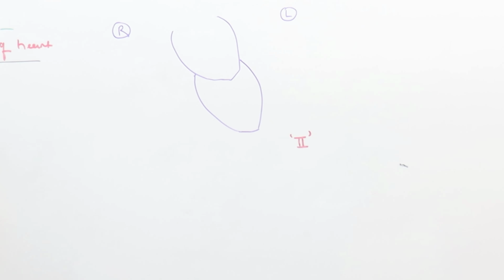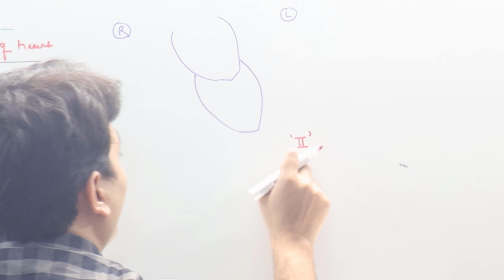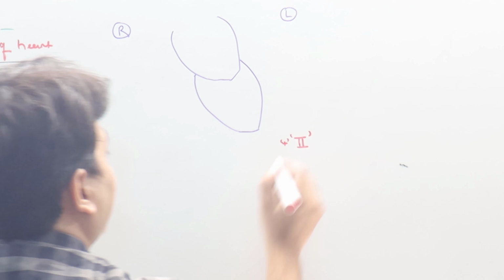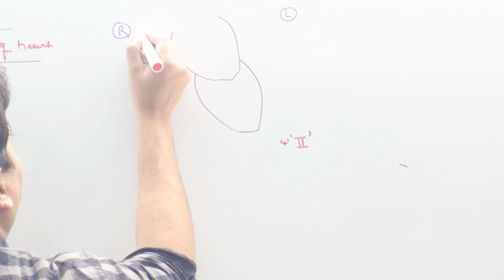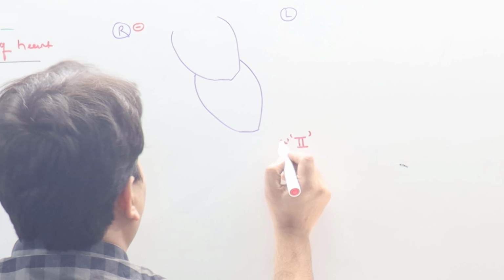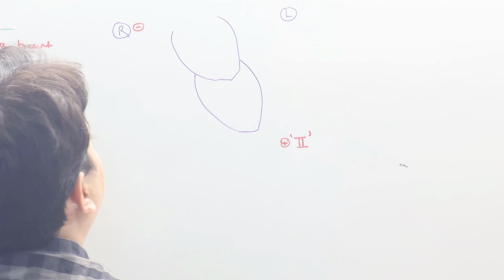If you remember from our first class, lead 2 is one of the bipolar limb leads for which the positive electrode lies in the left leg and the negative electrode lies in the right arm, right? So from this lead 2 perspective, we will see how the impulse is generated inside the heart, right?